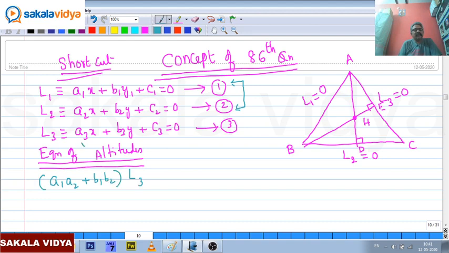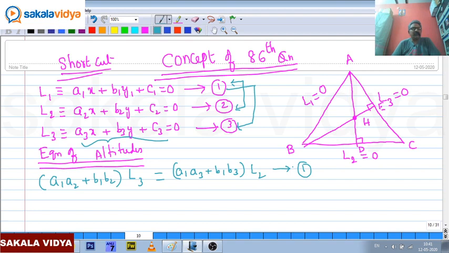L3 stands for this one equal to. So next now take these two equations. So that means you can write A1 A3 plus B1 B3 into L2. Now when you take these L1 and L3, L2 is missing. Simplify this one, you get one of the altitudes, equation 1.